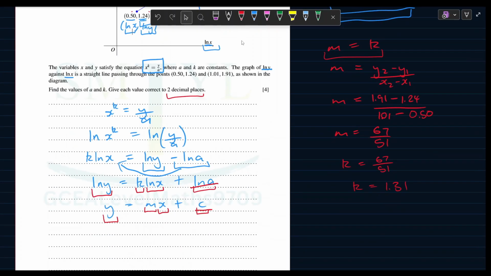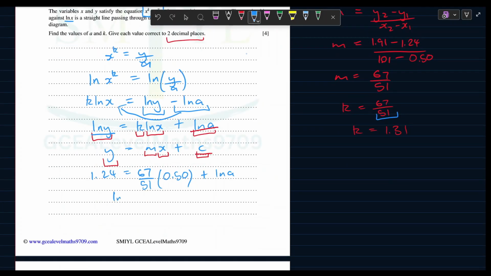Right. So coming back to our equation of our line, if we substitute, ln y is replaced by 1.24, and this is equal to k. Use the exact value here because we don't want any rounding errors. 67 over 51 times ln x, and our ln x is going to be 0.50, plus our ln a. Okay.